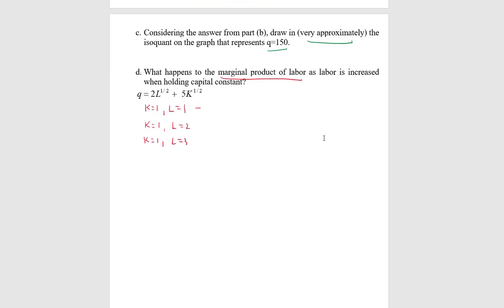So let's do the math here. So Q equals 2 times 1 to the 1/2 power plus 5 times 1 to the 1/2 power. And you can see why I chose 1, 2, and 3. It's going to be super easy to do the math. The square root of 1 is 1. So 2 plus 5 is 7 units of output. Then I'm going to look at 2 units of labor.